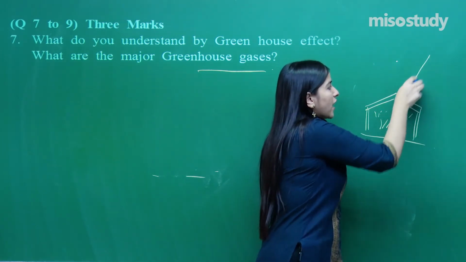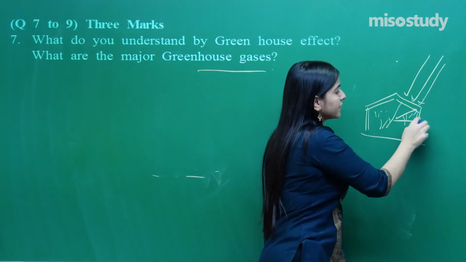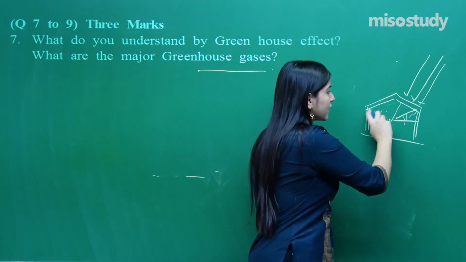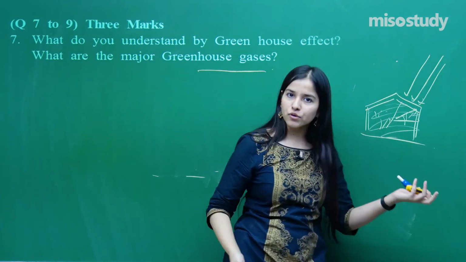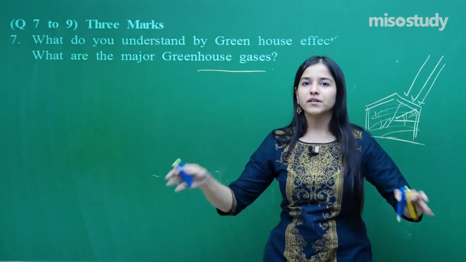Right? And the greenhouse effect is basically that the sun rays coming in are trapped and not allowed to go outside. So the heat is trapped, making the environment inside favorable for growth. And this greenhouse effect is basically happening on the earth itself.